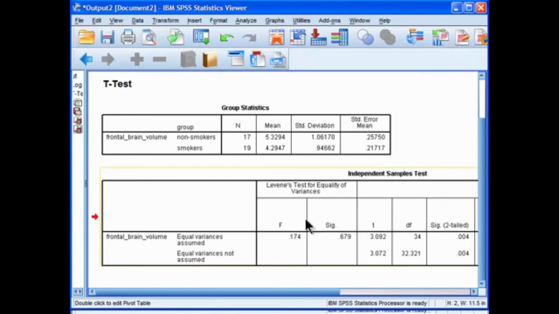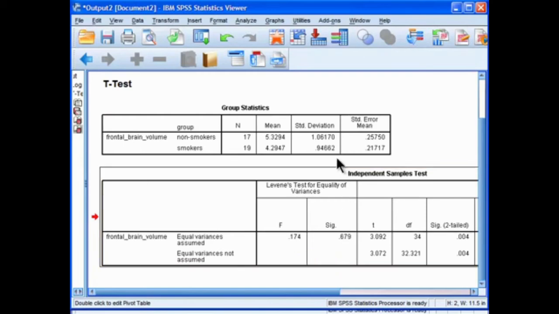So Levene's test of homogeneity of variances F is equal to 0.174, a very small F value, and the significance of this F is 0.679, which is not statistically significant. If you get a significant p-value of 0.05 or less, you would say that the variances are not the same in all probability.